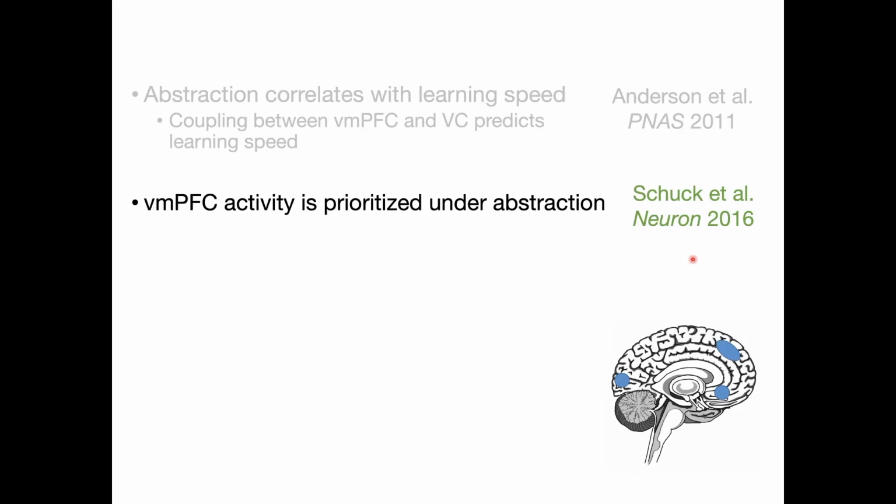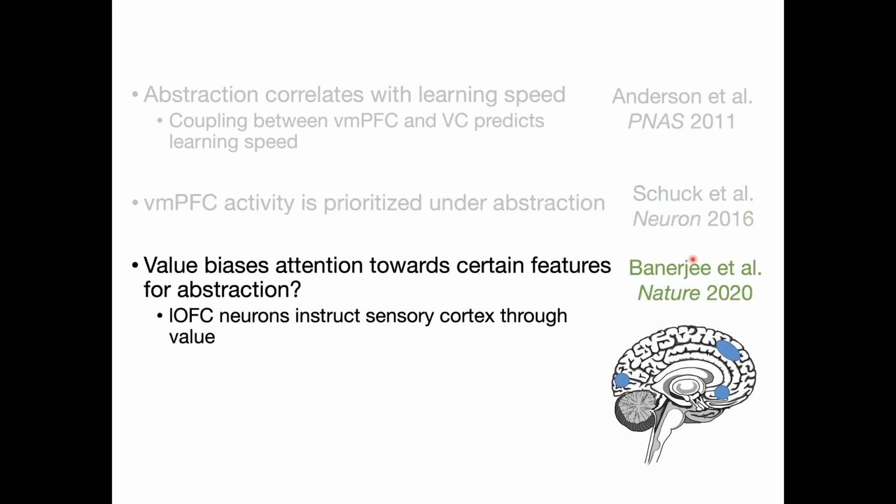So in a way, I see it as tightly linked. And finally, it might be that value biases attention towards certain features for abstraction. So we could have an actual downstream effect of value to streamline the selection of the relevant dimensions, the relevant features.